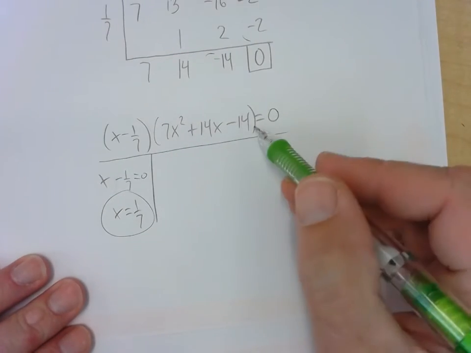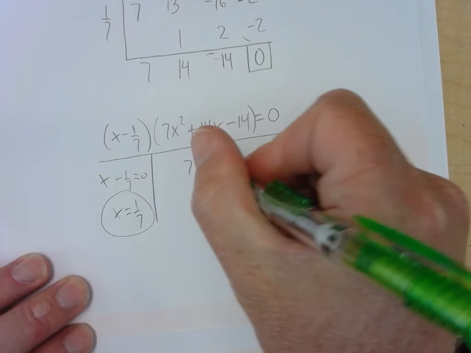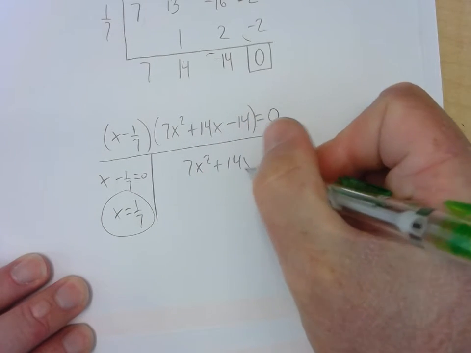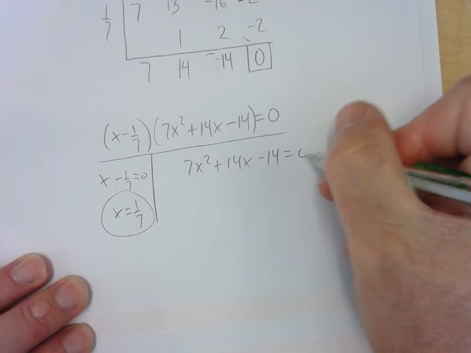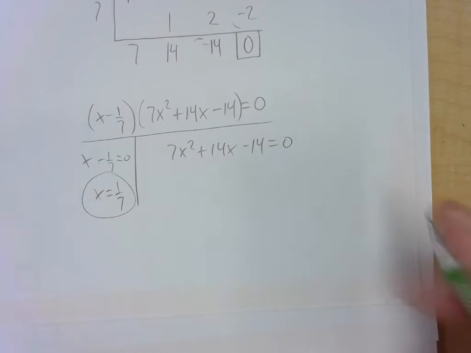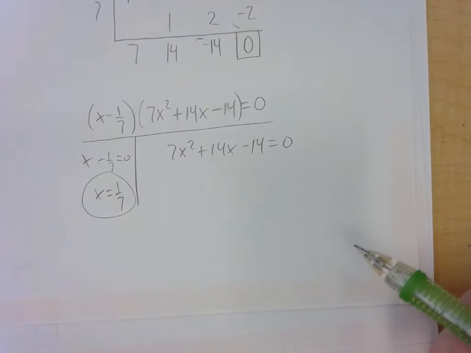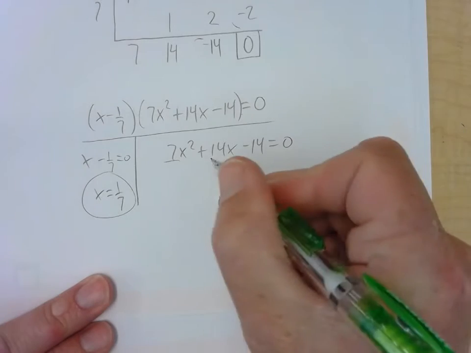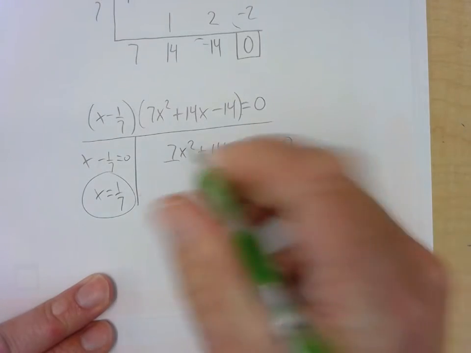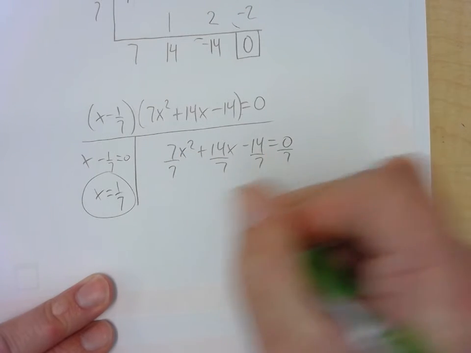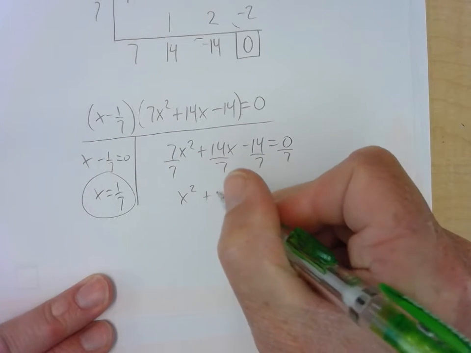Now the other two solutions are going to come from this quadratic. 7x squared plus 14x minus 14 equals 0. And you look at this, the first thing you should notice is that each one of these is divisible by 7. So I divide all of them by 7. I have to solve the quadratic here. And I'm reducing the quadratic down so that it's easier to deal with.